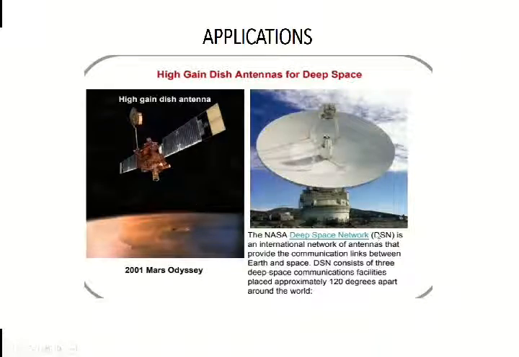Three deep space communication facilities are placed approximately 120 degrees apart, over 360 degrees, all over the world. This is very clearly shown in this diagram, and the photography is referred from NASA, and this gives a complete concept of the applications of a reflector antenna.